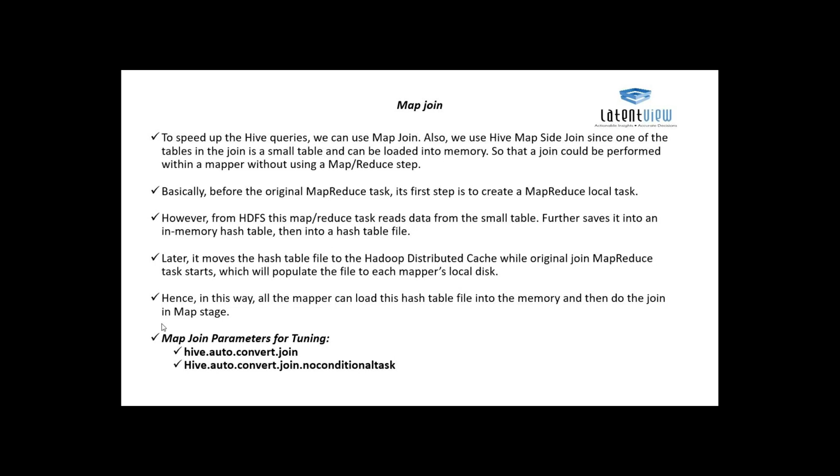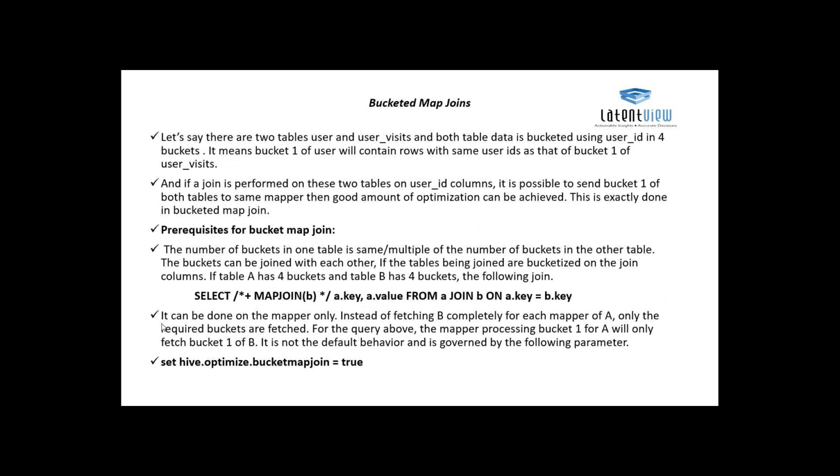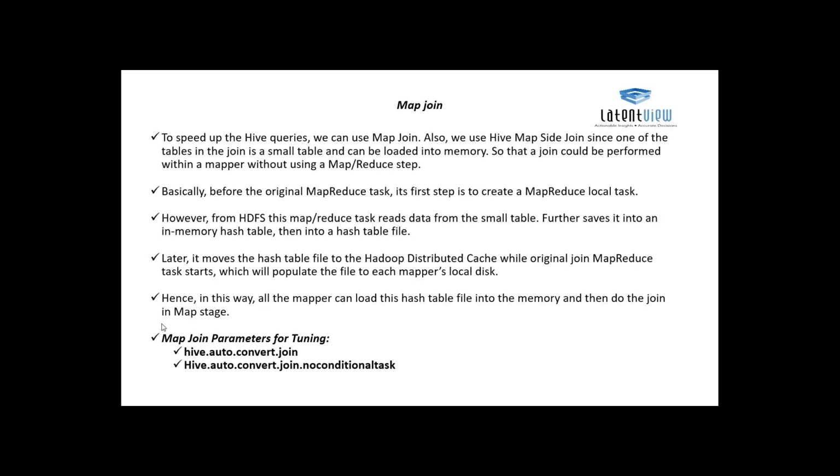In addition, there are other joins called map join, bucketed map join, skew join, and even more, amongst which we will discuss only three: the map join, bucketed map join, and the skew join, because they considerably improve your performance.